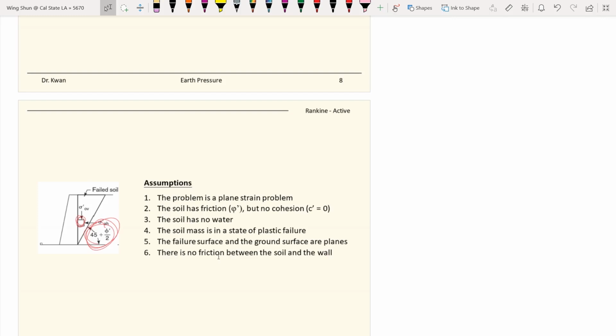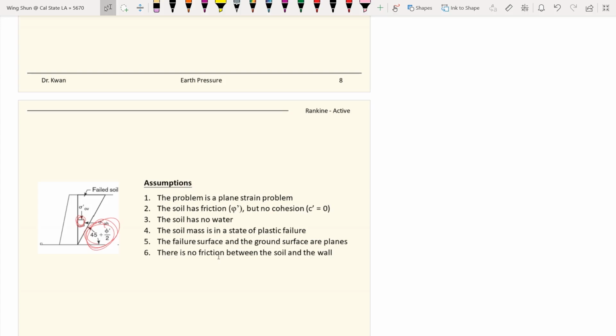This is his approach. He used a stress state method, which means rather than a global failure wedge, he looked at soil elements behind the wall and solved from a stress state. But he has some limitations: he needs to predefine the failure surface angle, 45 degrees plus phi divided by 2.